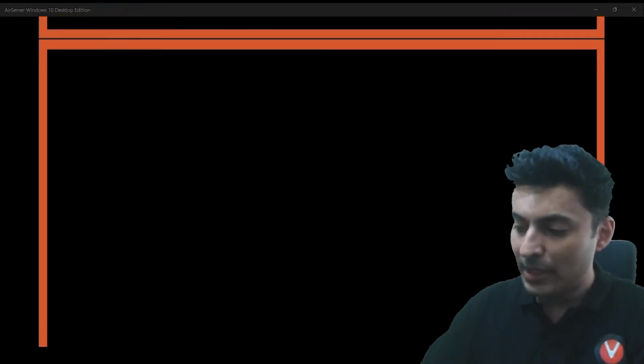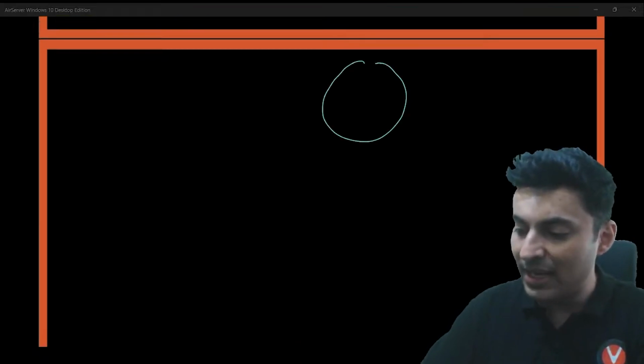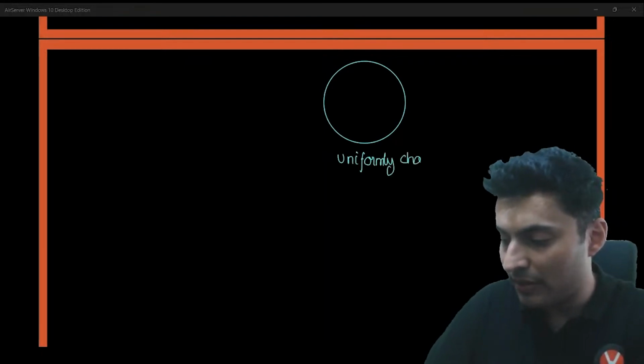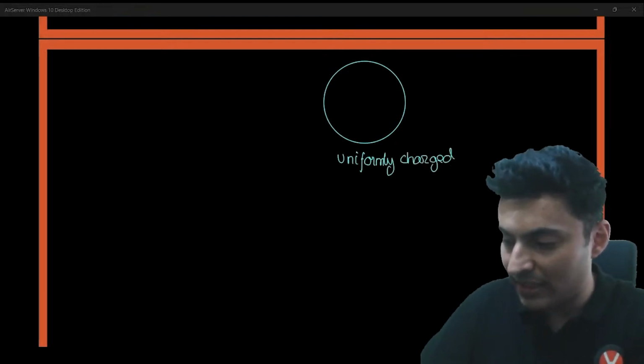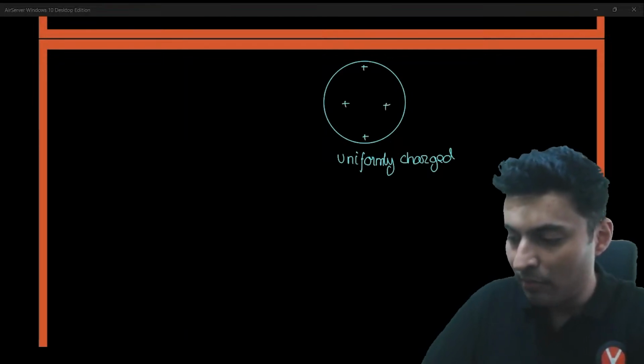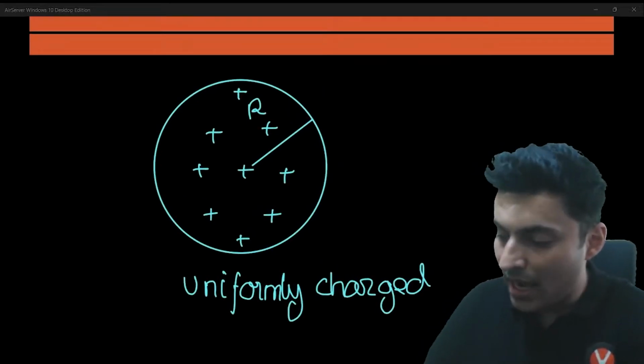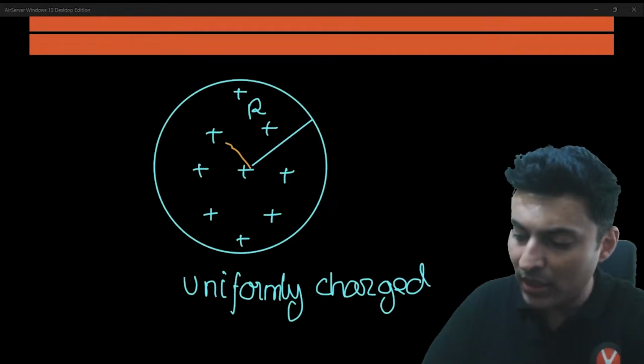Just like before, but this time this will be a solid sphere, uniformly charged. That means the charges are not just there on the surface, but also inside. So this is your capital R. And there are two scenarios, my dear warriors.